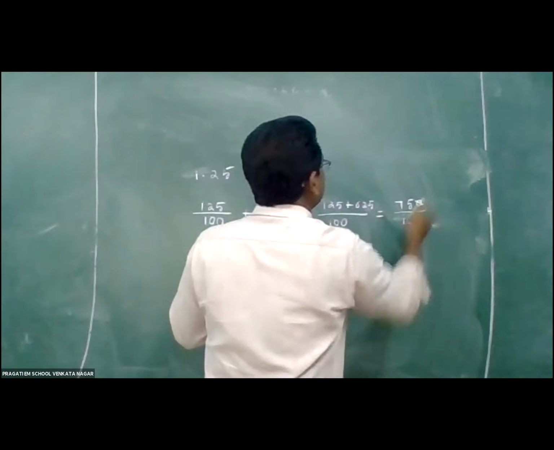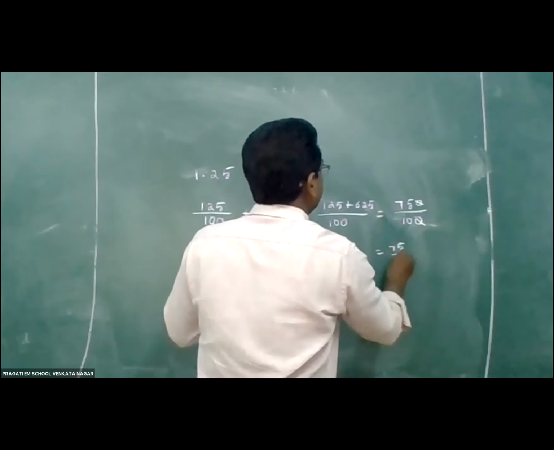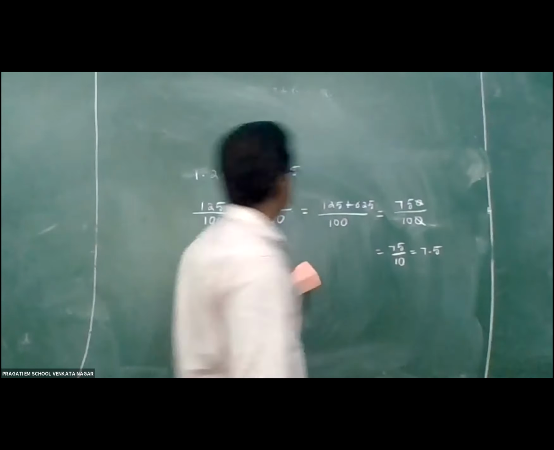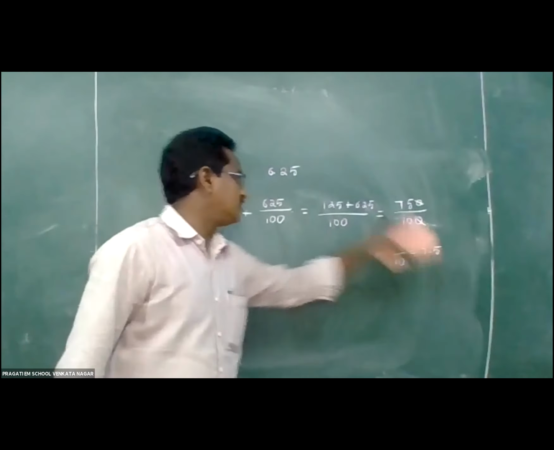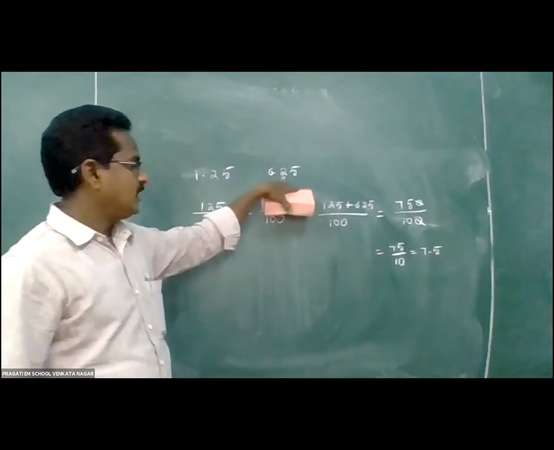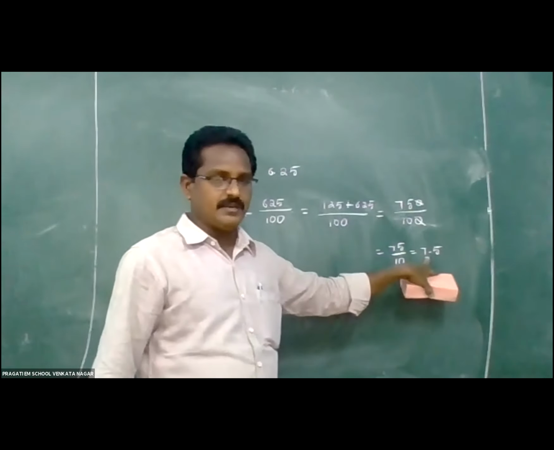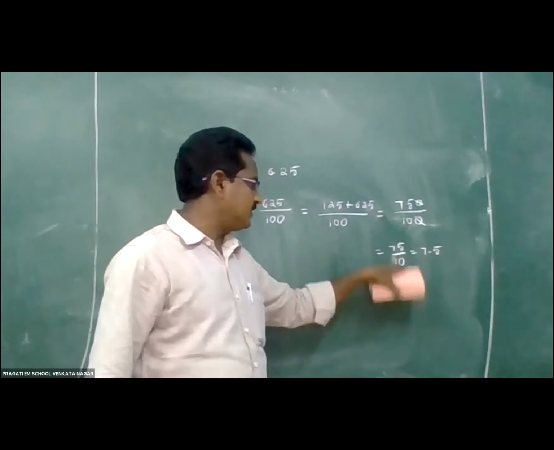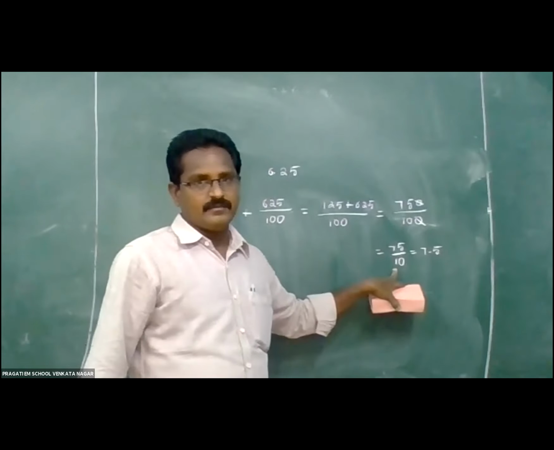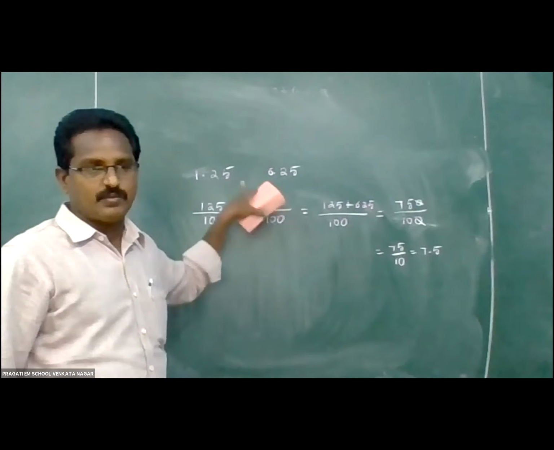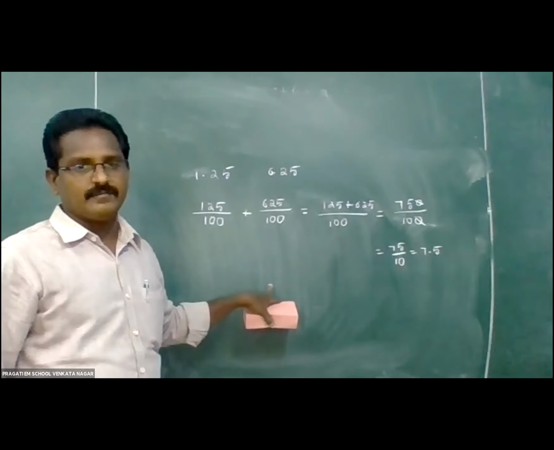Now the zeros cancel: 75 by 10 means 7.5. After getting the result, it is also a decimal. These two are decimal numbers, and the result is also a decimal number. This decimal number is nothing but a rational number. Understood? So these numbers also satisfy closure property under addition.